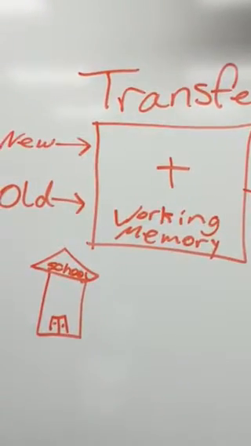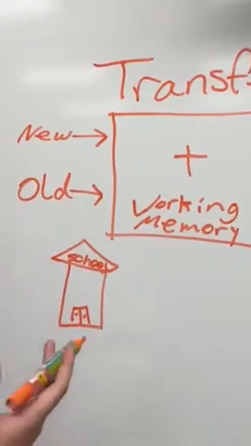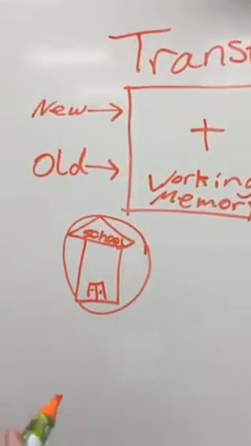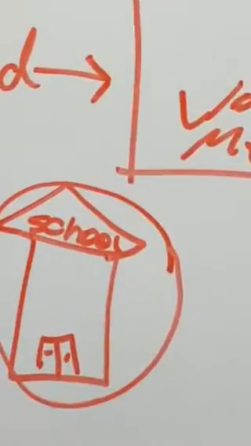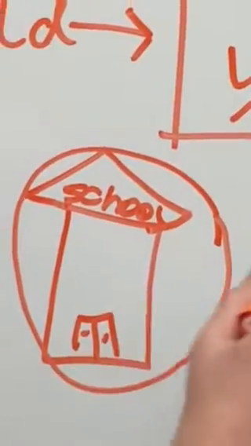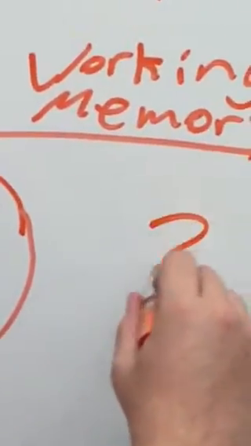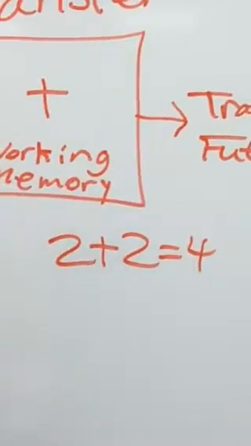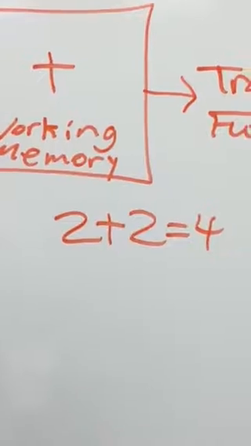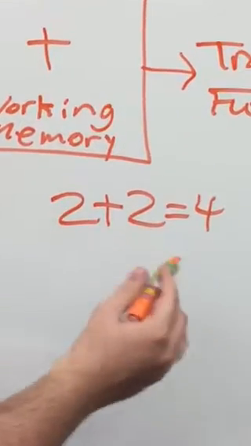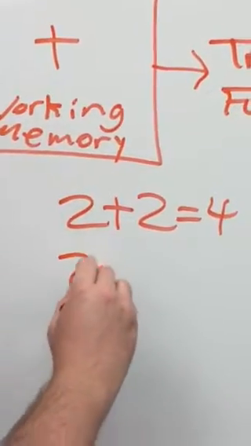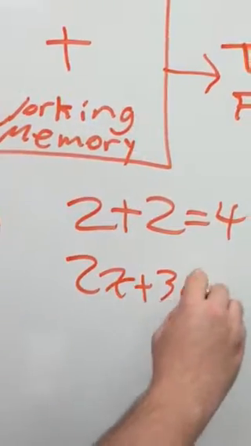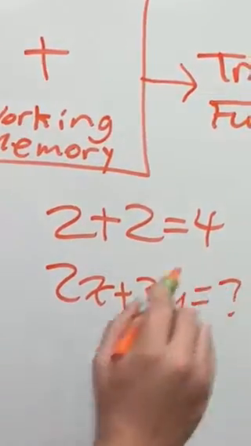So, a teacher controls the environment of the schoolhouse. Now this environment is only one factor in transfer. When we learn, we need to understand. Now if we don't understand that 2 plus 2 equals 4, how can we understand more advanced equations like found in algebra?